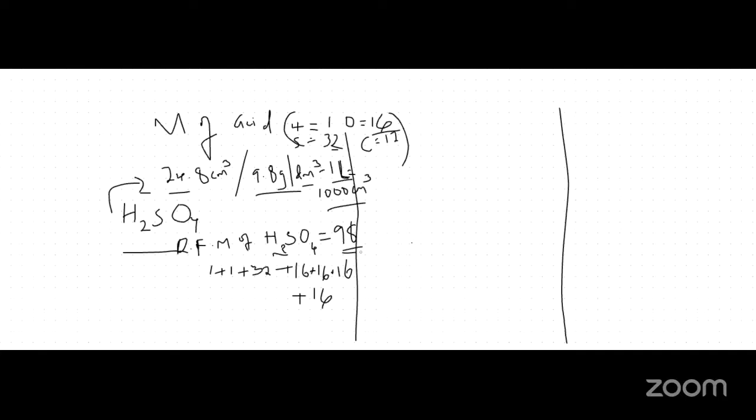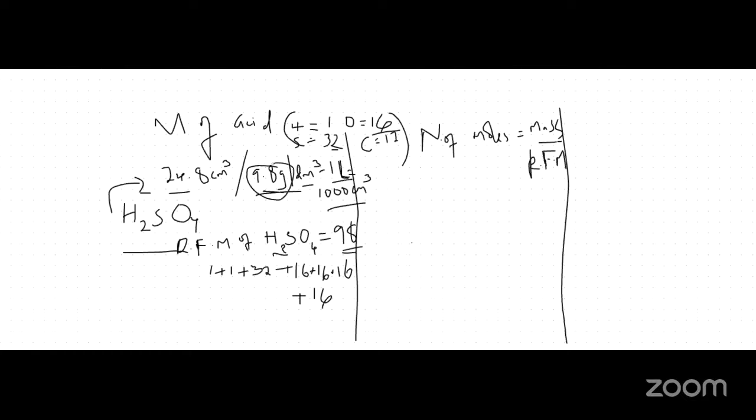Because you already have 98, and we have the mass that has been dissolved, you can now get the number of moles. Let me use n for number of moles, which is equivalent to the mass over the RFM. We have the mass; they have been told that they dissolved this one.